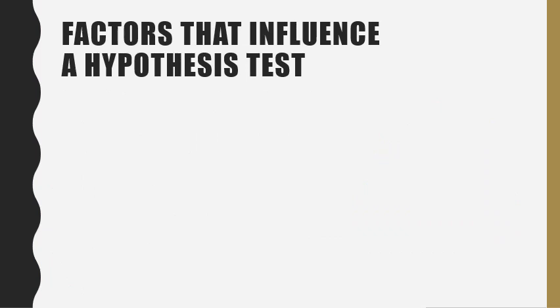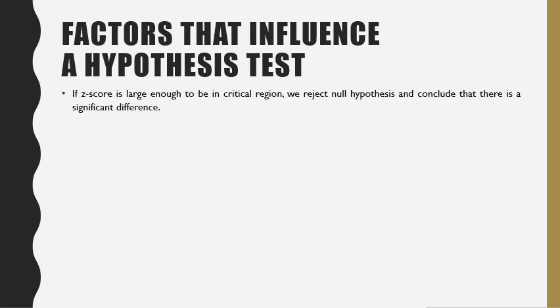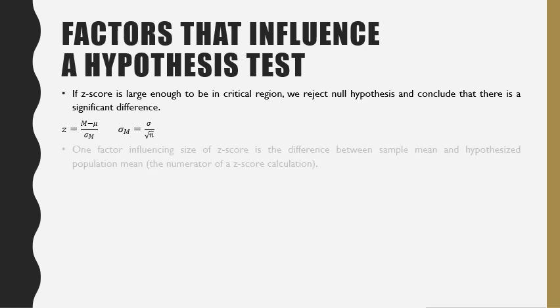Let's look at factors that influence a hypothesis test. First off, if the z-score is large enough to be in the critical region, then we know that we reject the null hypothesis and we conclude there is a significant difference. And we know the z-score equation and we know the standard error equation.